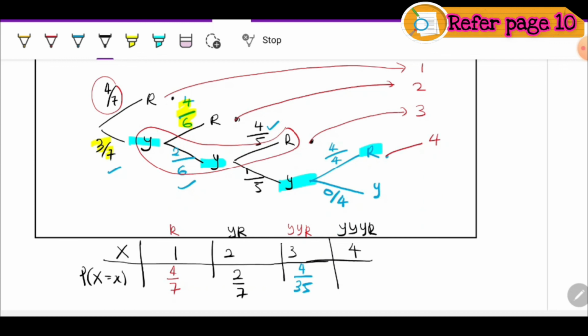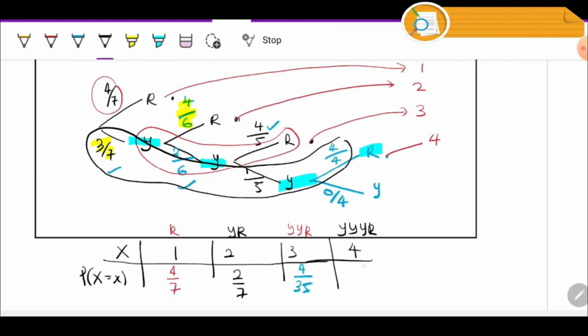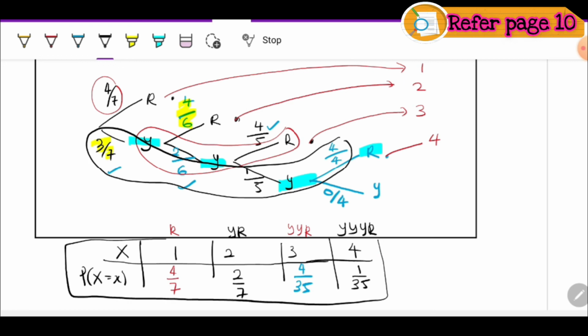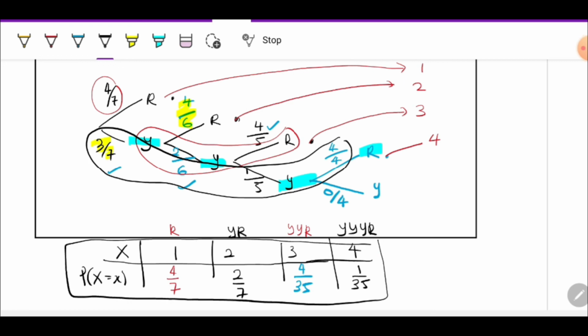The probability of getting 4 towels is 3 over 7 times 2 over 6 times 1 over 5 times 4 over 4, then we get 1 over 35. So this table represents the probability distribution table for X. Okay, that's all from me. Thank you.